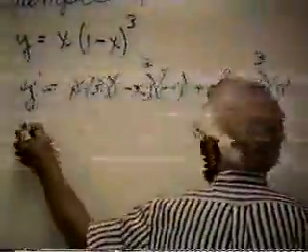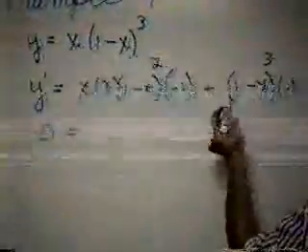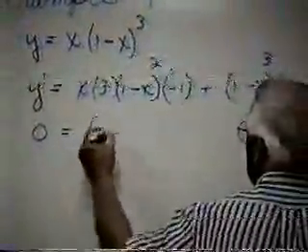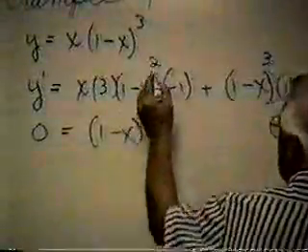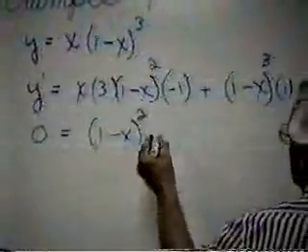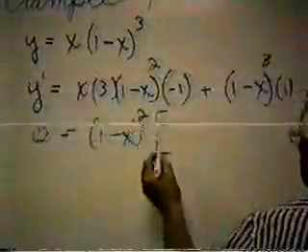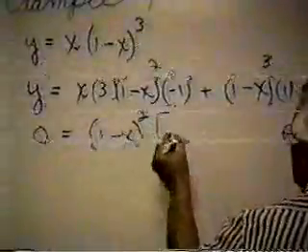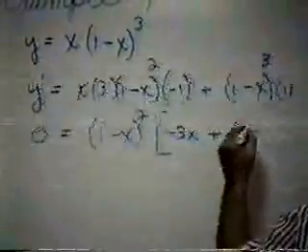So let's set it equal to 0, and what's a common factor? Common factor is (1 minus x) squared, okay? And what else? That's it, I guess, isn't it? So what does that leave us? Over here it leaves us a minus 3x, and over here it leaves us 1 minus x.